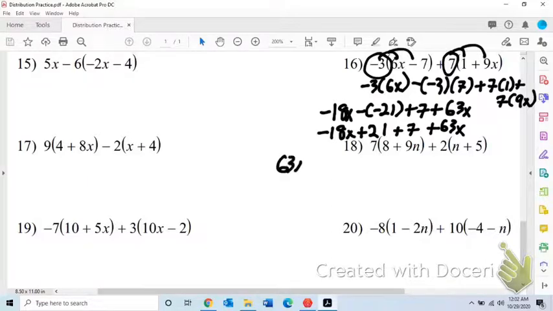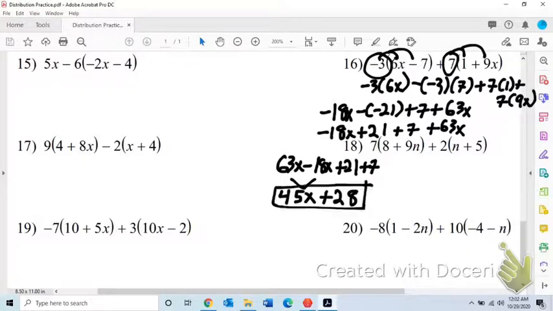So when we go 63x minus 18x plus 21 plus 7, we can rewrite it just to make our lives easier, make everything in a row. 63 minus 18 gives us 45x, and 21 plus 7 gives us 28. And that would be our answer.